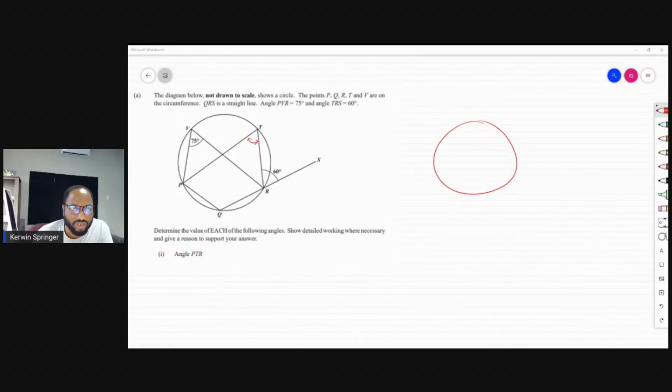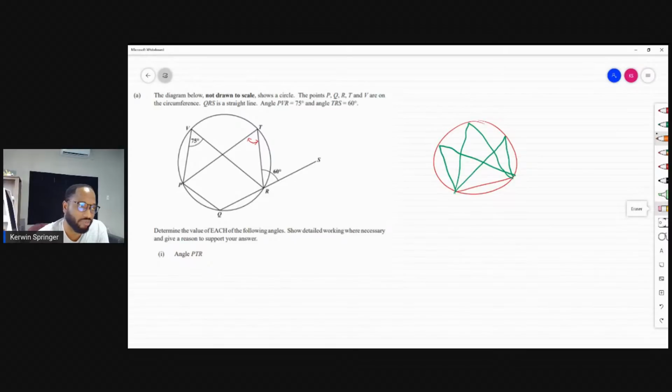Let me expand on it a little bit. So, if I have a chord here, this angle will always be the same as another angle there, and another angle there. Angles from a common chord in the same arc are equal.